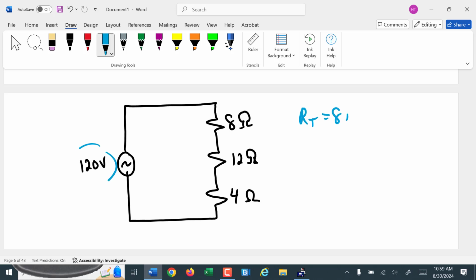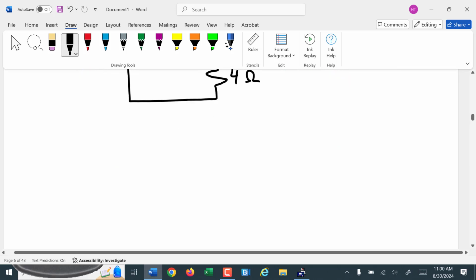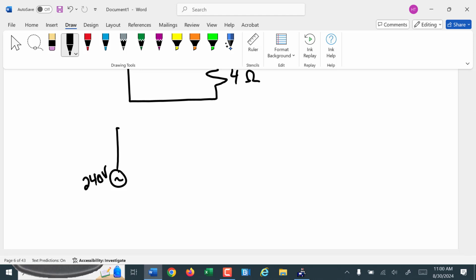That's the way I've always done it to make it quicker. Find the current. Well, to find the current, we just need to know the voltage, that's the 120, and the total resistance. RT here is going to be 24. So then what's the formula to find the current? Yeah, voltage of 120 divided by the resistance of 24, which is 5 amps.